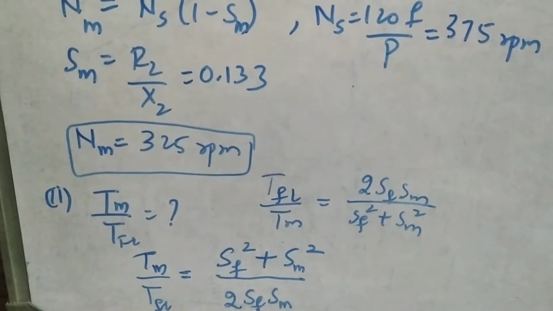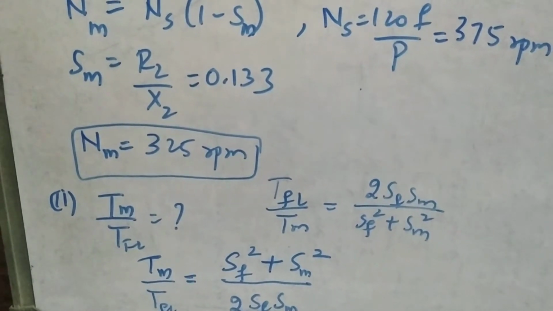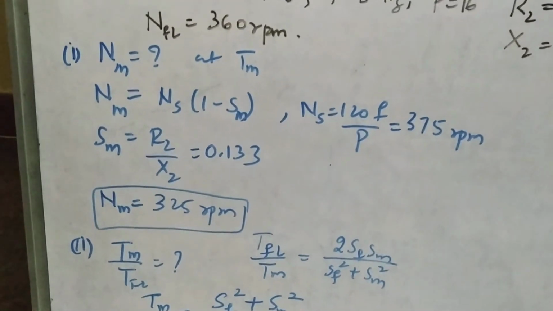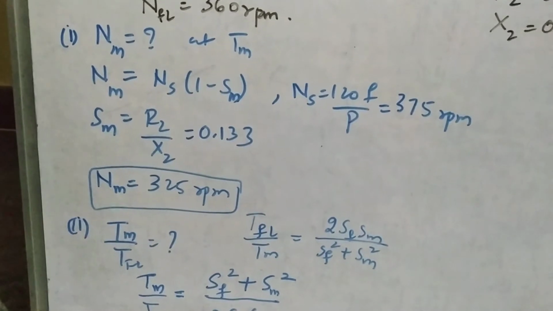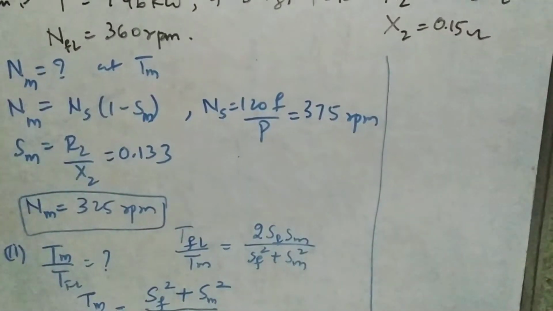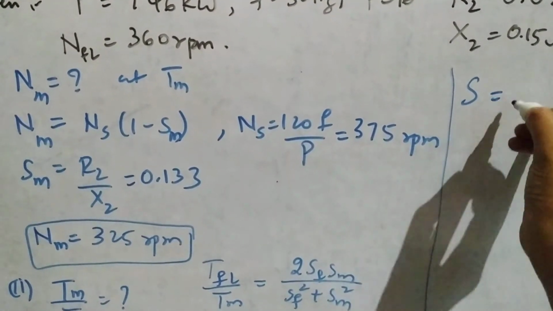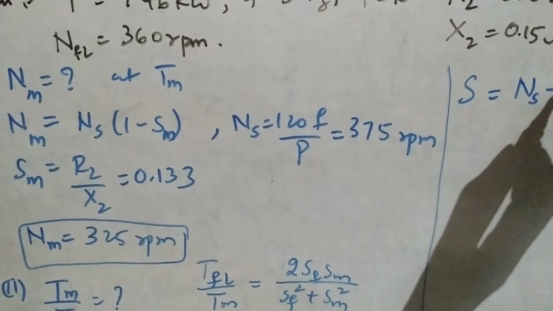How do we determine the SFL value? We can determine it from the slip formula, that is (Ns minus N) divided by Ns.